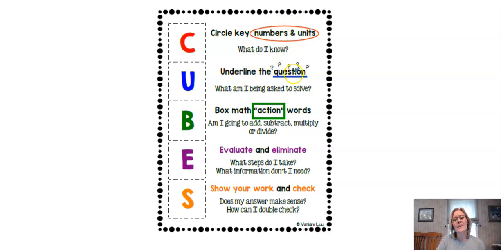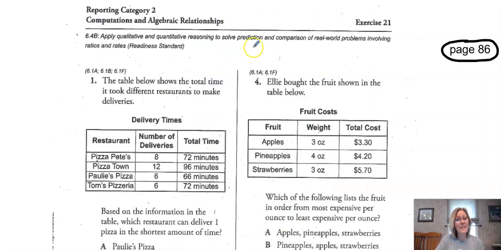We understand the question and what it's asking. We box our action words that will tell us to multiply or divide many times. We evaluate what we know, which means we write it down. Let's think about it. What steps am I going to take? We eliminate anything we don't need. And you show your work and check your answers. You ask, does that even make sense? Ask yourself those questions.